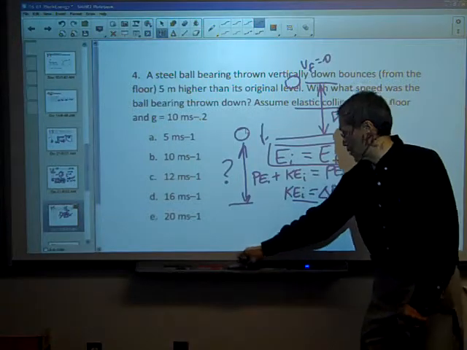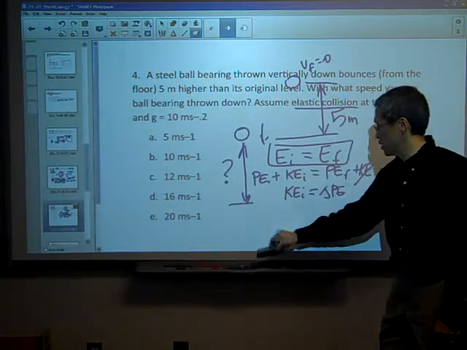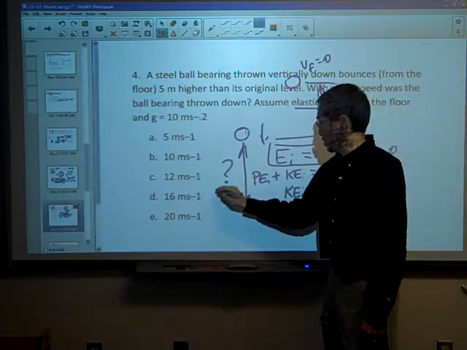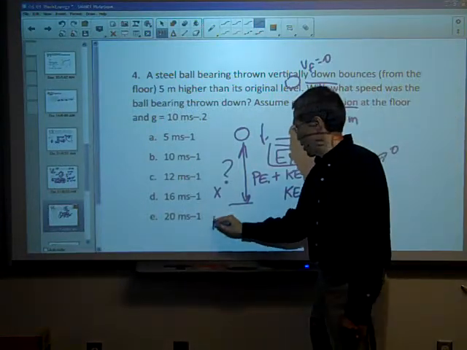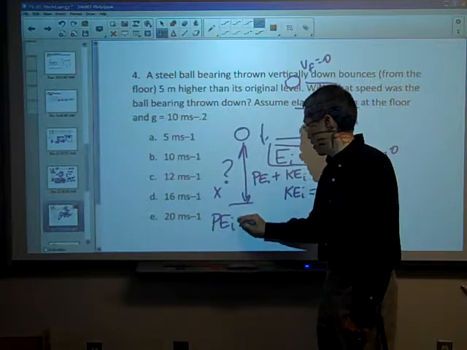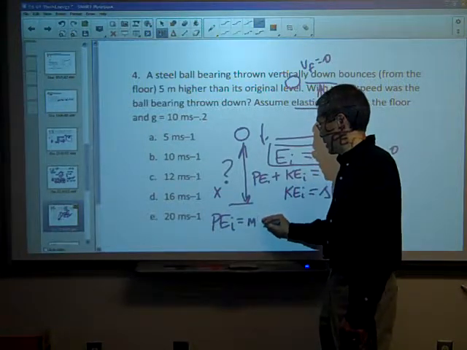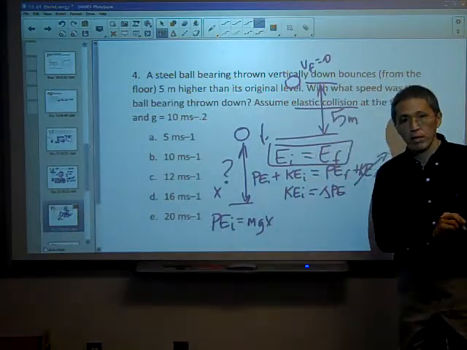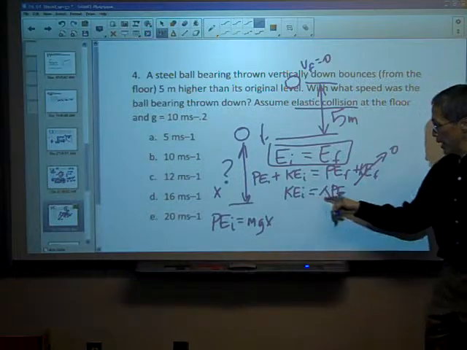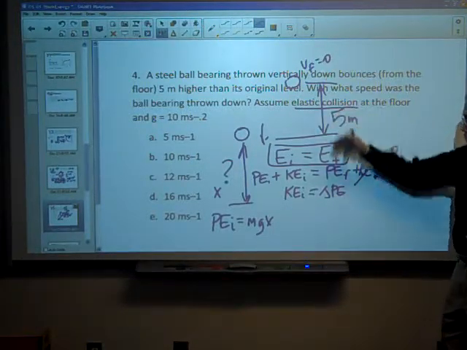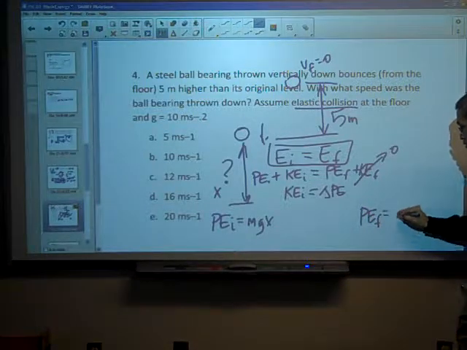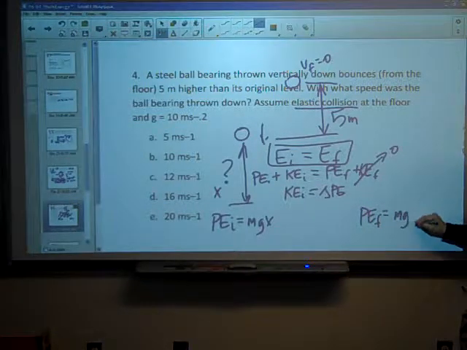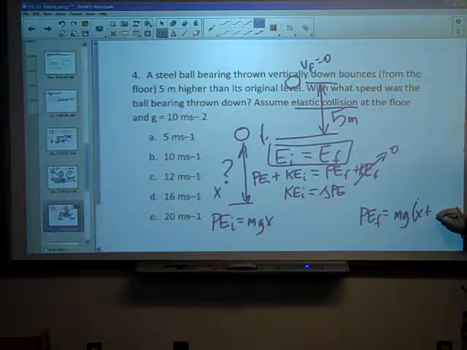Now, the reason I can do that is because if I call this height x, then the initial potential energy is just mg times x. And at the end, the final potential energy is mg times (x plus 5).